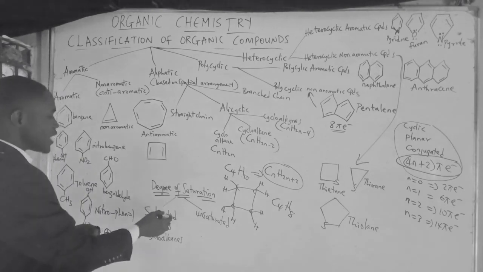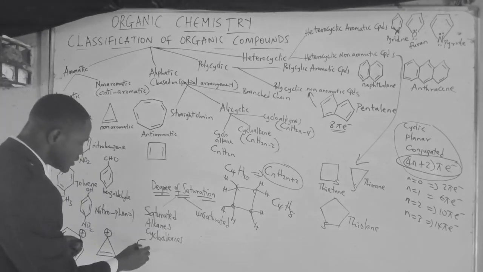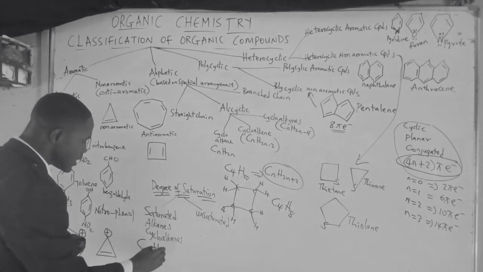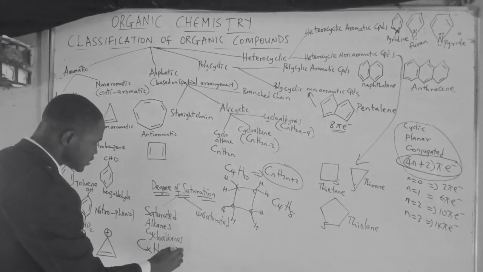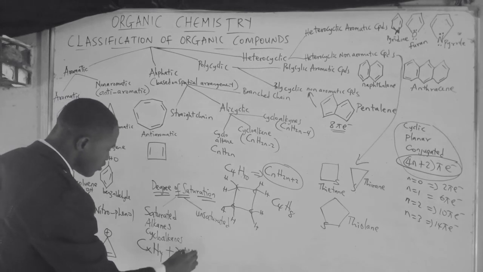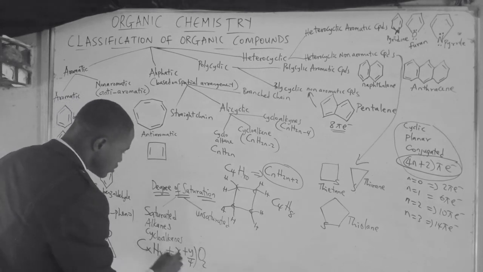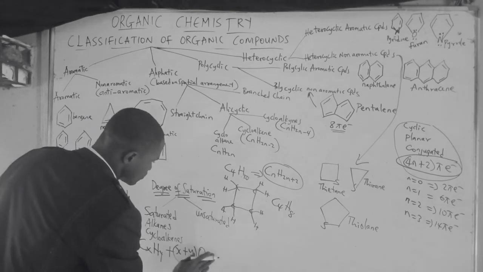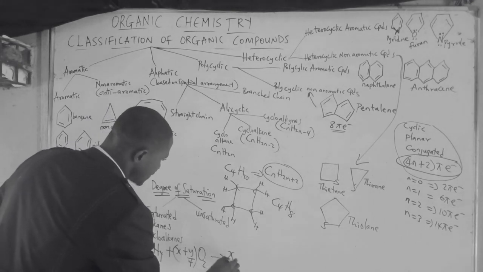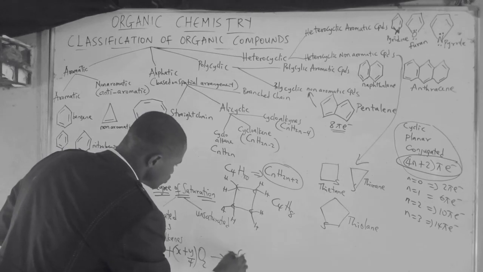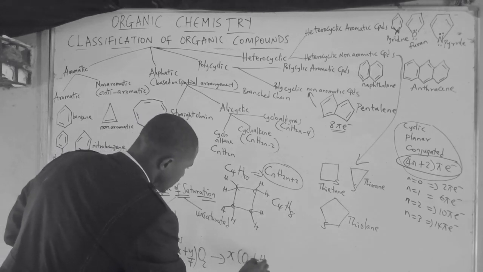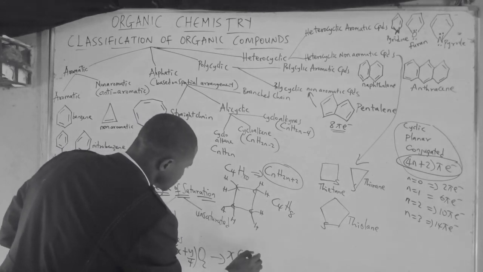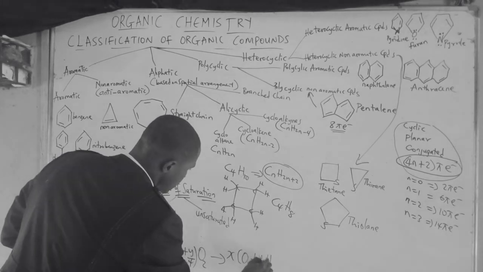For the combustion reaction of alkane, look at the equation: CxHy plus (x plus y over 4) oxygen gives you x CO2 plus (y over 2) H2O.